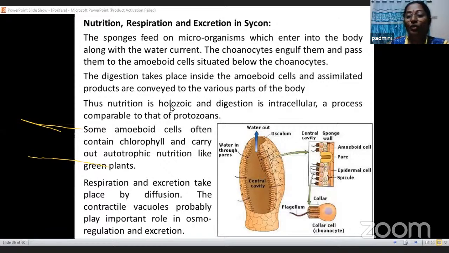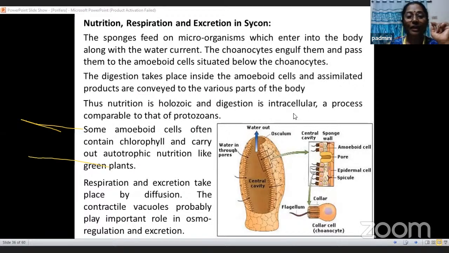Nutrition, holozoic. I have talked about this holozoic type of nutrition and saprozoic type of nutrition. Holo means complete devouring of the food is holozoic. Saprozoic is if they are taking in the liquid part of the food. But here the Sycon has a holozoic type of nutrition.